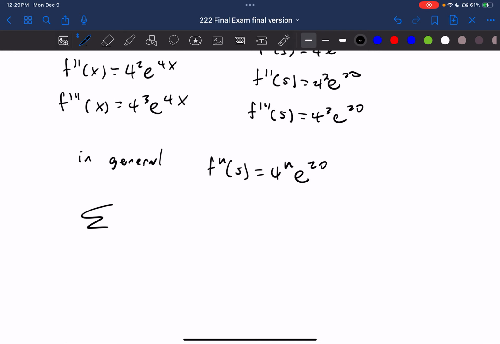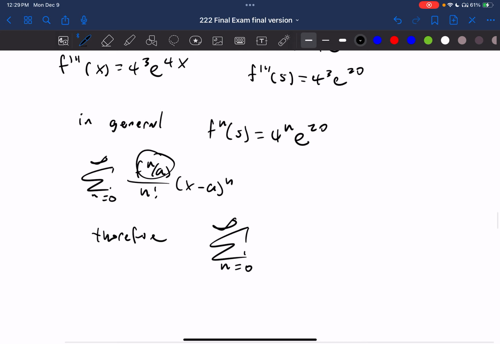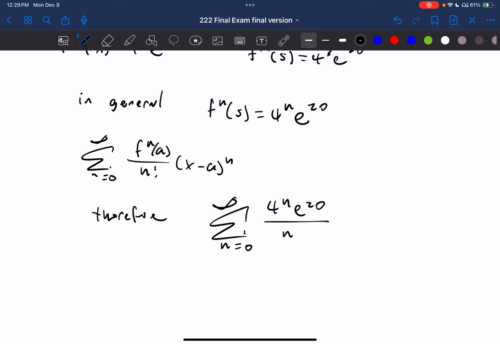And we know Taylor series looks something like f n of a divided by n factorial times x minus a to the n power. So, plugging in what we know, f n of a centered at 5 is going to be 4 to the n e to the 20 divided by n factorial.